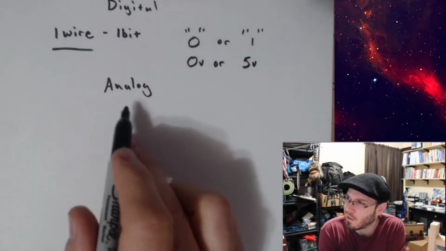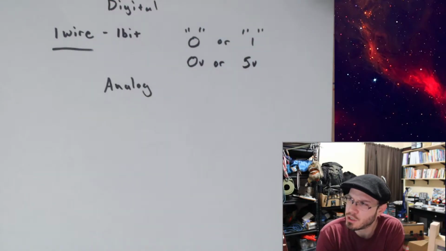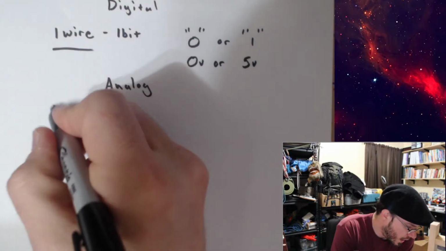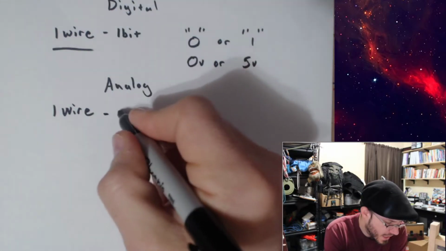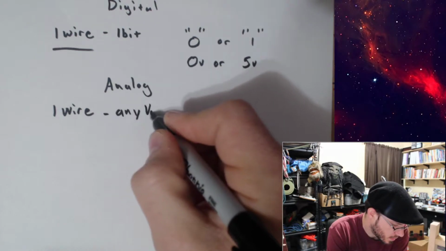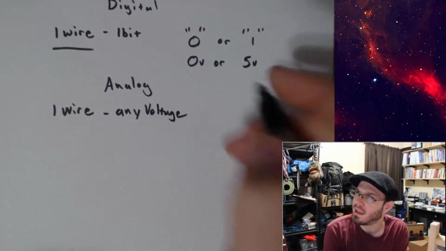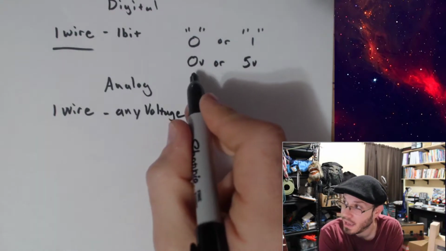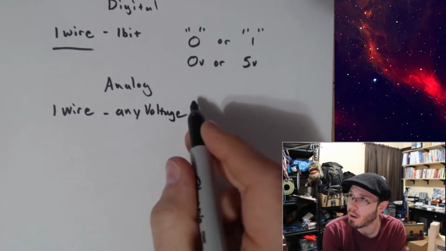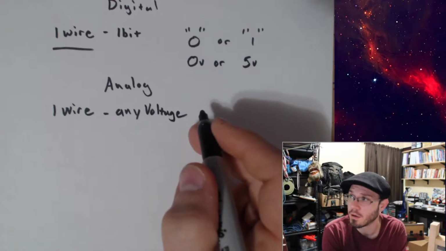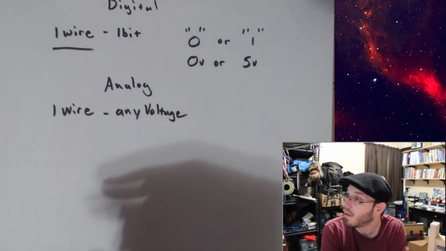But when it comes to analog, we have a kind of a disconnect between the digital and the analog, because with one wire, we can represent any voltage. And so let's say not only are we representing a logic 0 or 0 volts or a logic 1 at 5 volts, but we can represent 0, 0.1, 0.2, 1 volt, 2 volt, 3 volt, all the way up to, let's say, 5 volts.